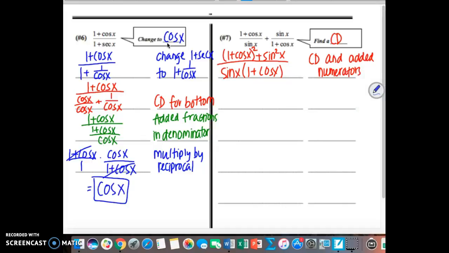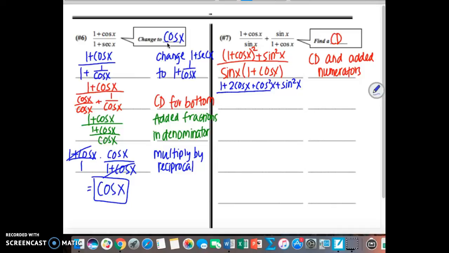Our next step, we're going to be FOILing out that 1 plus cosine of x squared. So now we have 1 plus 2 cosine of x plus cosine squared of x plus sine squared of x in the numerator.